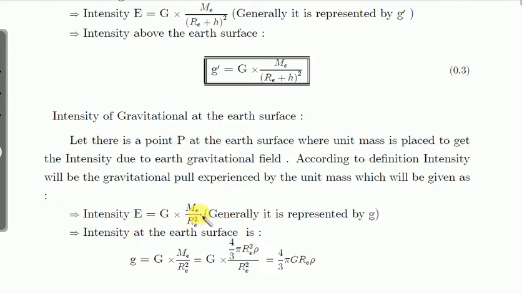So this is why I have used this formula. Intensity according to the definition is G ME upon R square, this much. This is the formula in terms of Earth radius and Earth density form. g is equal to G ME upon R square.